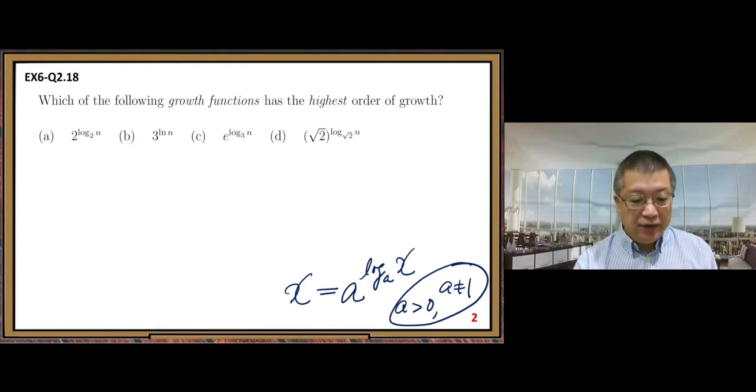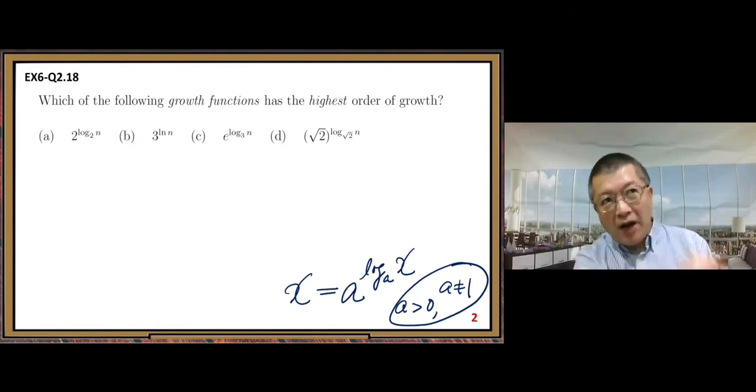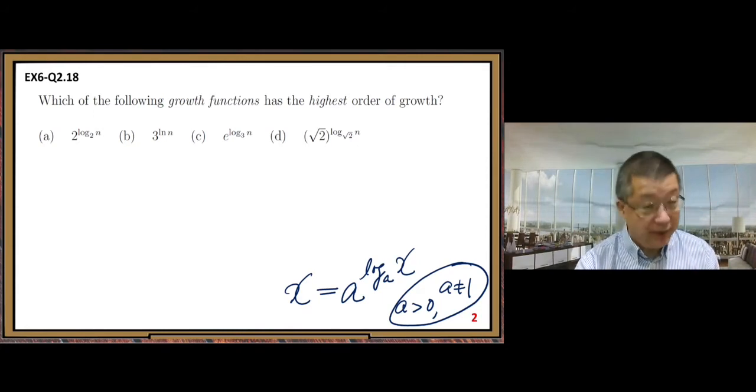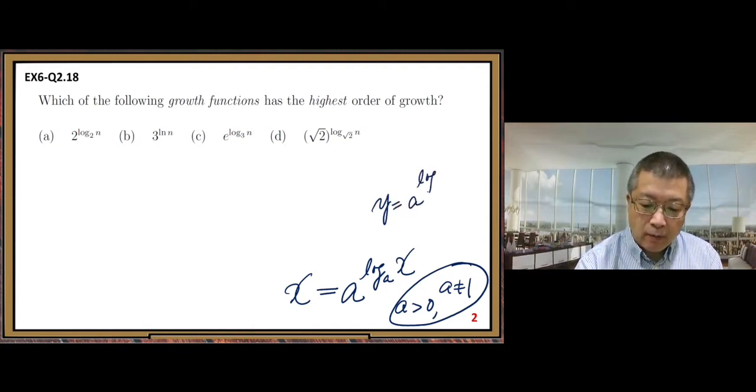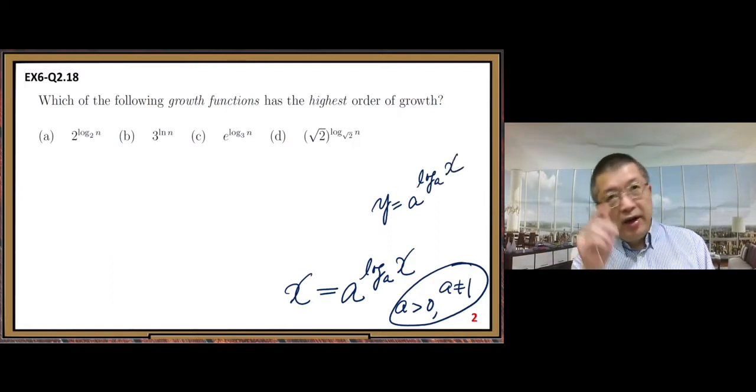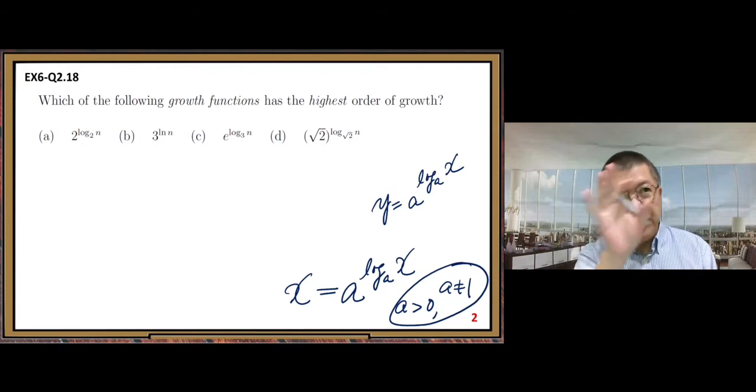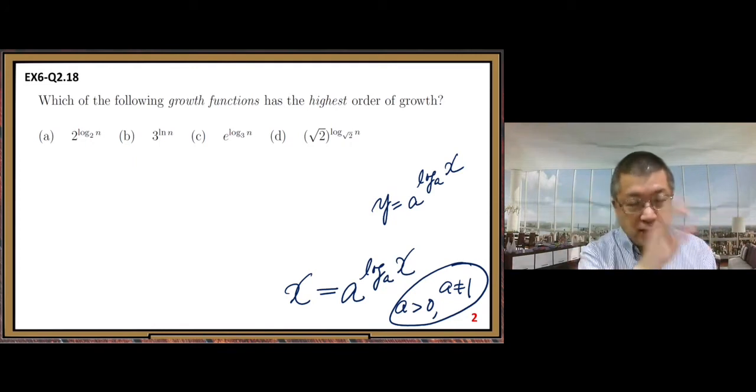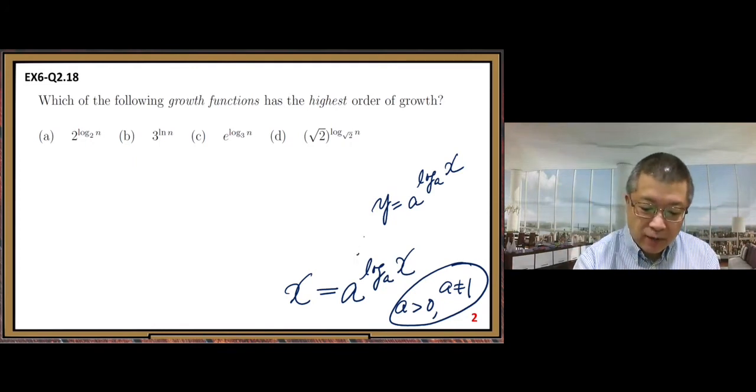How to see it? Here, I can explain a little bit. If we don't know this expression, let's just write this whole expression as a variable y. Then we take log base a of both sides.